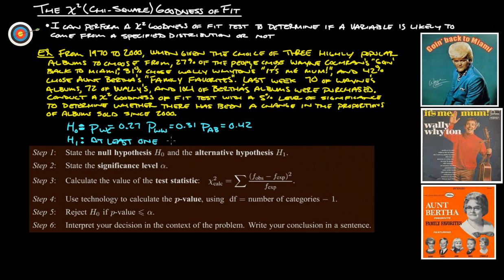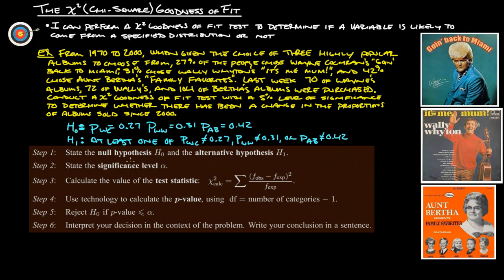So at least one of: the probability of Wayne Cochran does not equal 0.27, or the probability of Wally Whiten does not equal 0.31, or the probability of Aunt Bertha does not equal 0.42. That's going to be our alternative hypothesis, meaning that it's not holding true to the original percents that we thought.